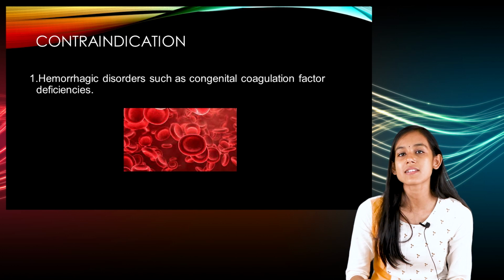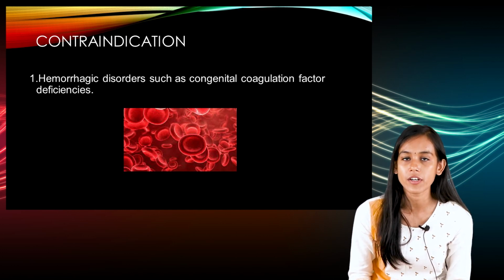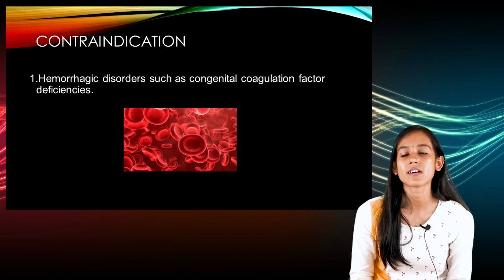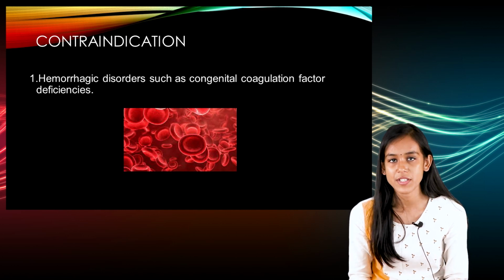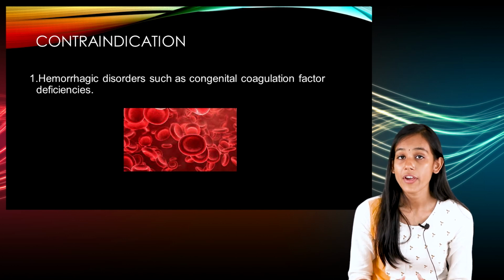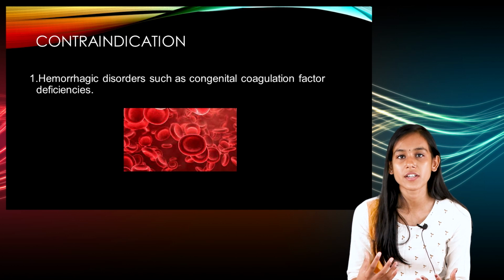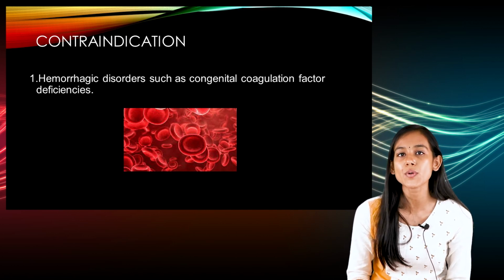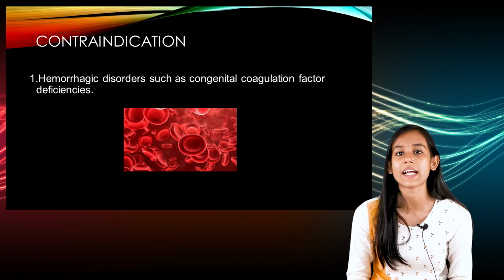That is a congenital condition where there is absence of coagulation factor. What happens in hemophilia, right? There is a high risk of hemorrhage. So if any such hemorrhagic disorder is present in the child, then we are not going to go for bone marrow aspiration for that child.